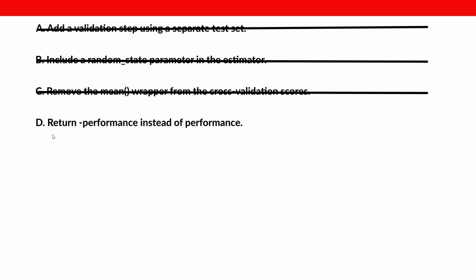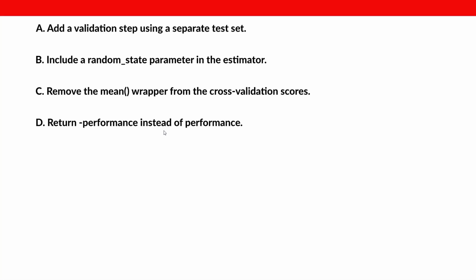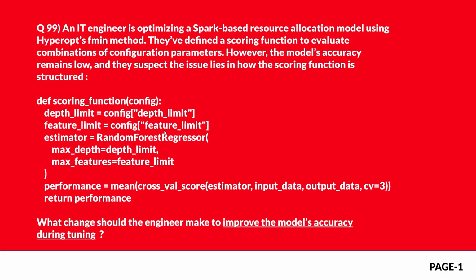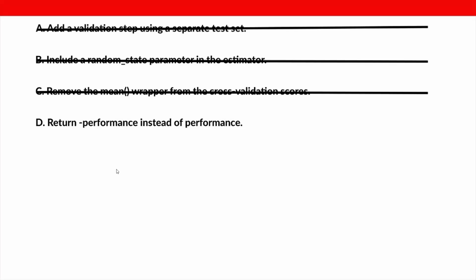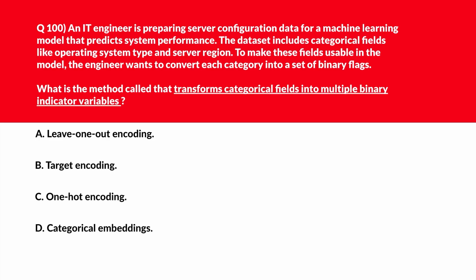Now let's move to option D. D says return negative performance instead of performance. If we go back, fmin minimizes the objective. So returning the negative score aligns with the goal. That being said, option D is the right answer. We'll lock it.